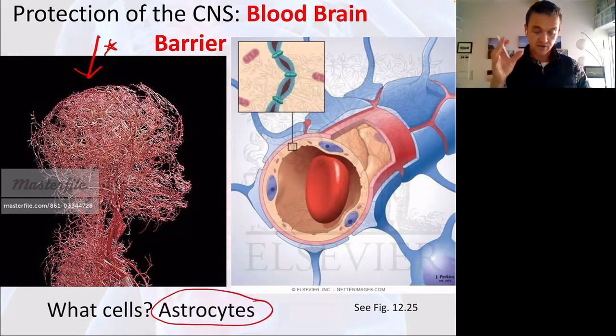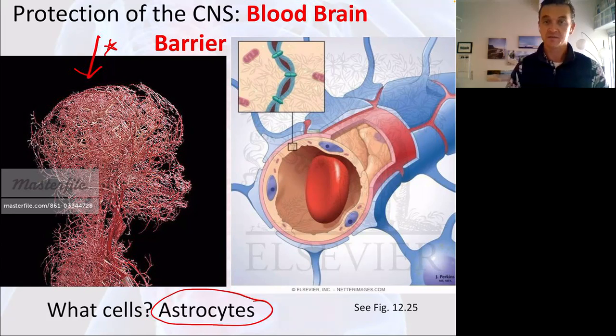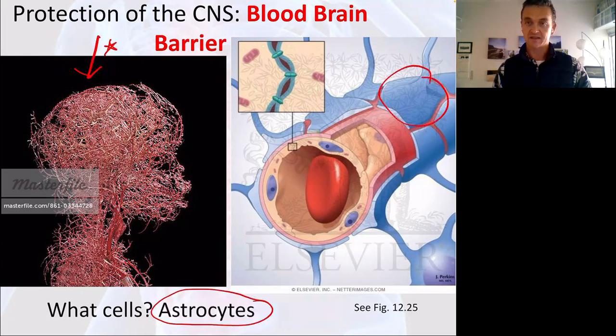You see that just incredibly dense amount of blood vessels in the brain, okay? But every single one of those blood vessels is surrounded by astrocytes like this. That's making a wall, a barrier between the neurons and the blood itself. So we have another layer of controlling what comes into the brain and what comes out. And that's what that blood-brain barrier does.